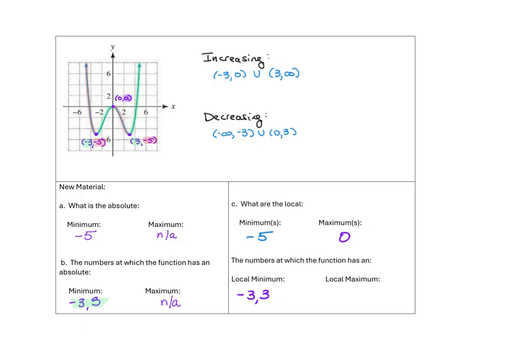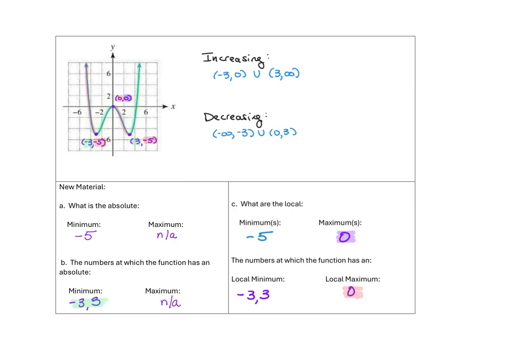We also are going to add in our local maximum, and our local maximum occurs at 0. And so here, when we talk about what is it, we're looking at the y coordinate. When we talk about where is it, we are talking about the x coordinate.